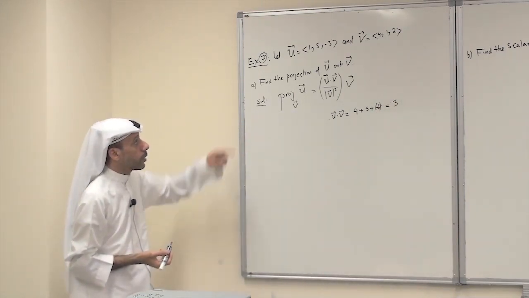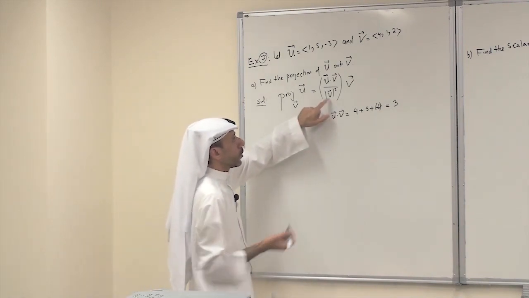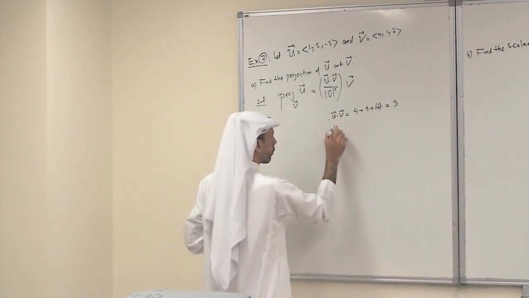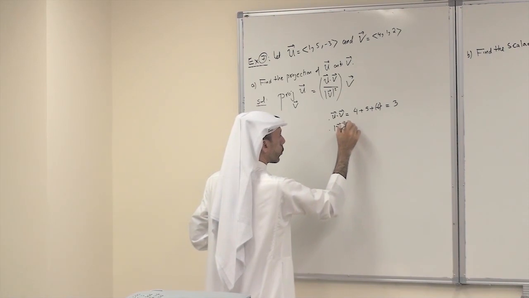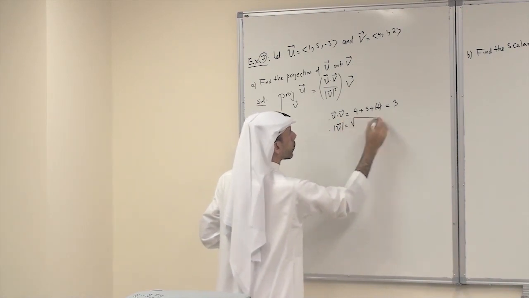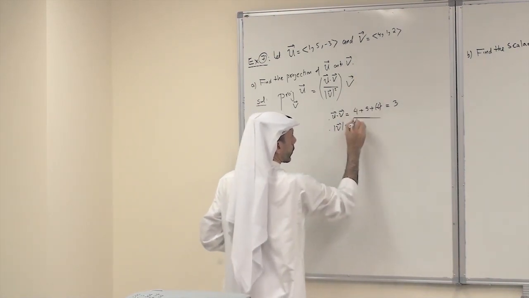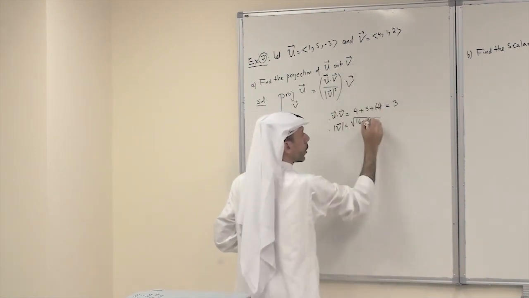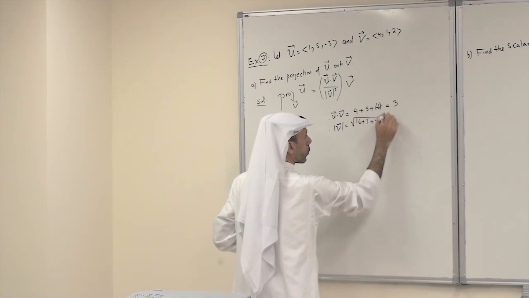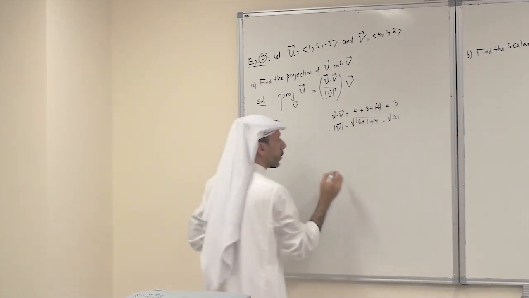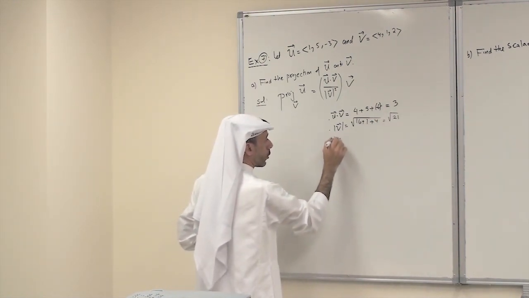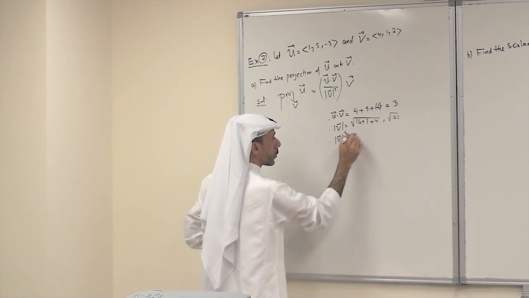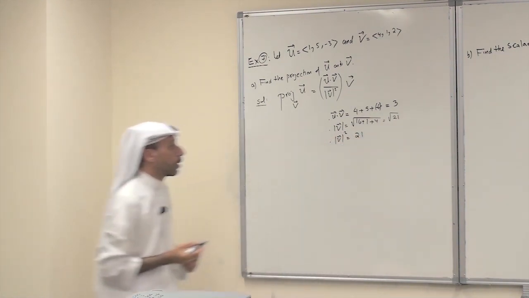This is for the dot product. Now I need the magnitude of V squared. The magnitude of V is root of 4 squared, which is 16, plus 1 squared, which is 1, plus 2 squared, which is 4. And this is root 21. So the magnitude of V squared is just 21.